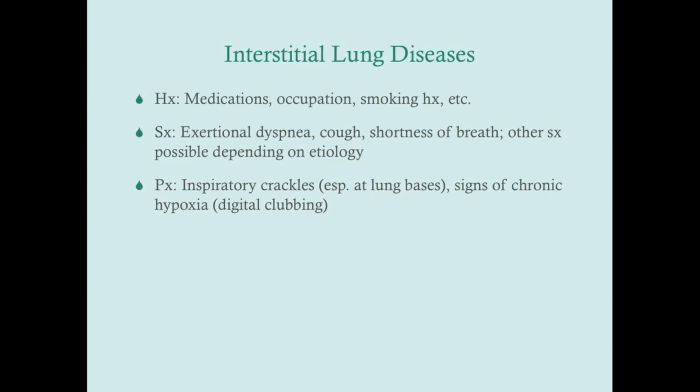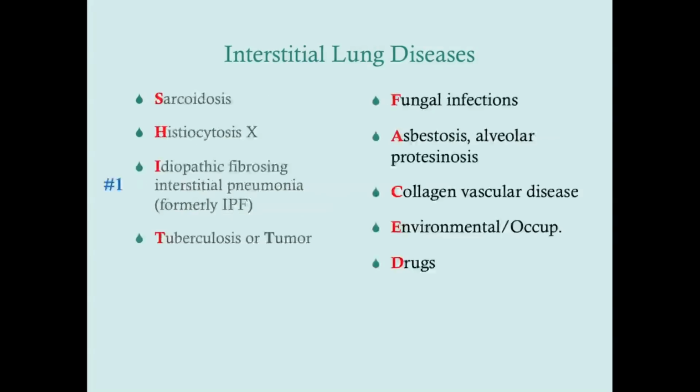So if, for instance, the patient has sarcoidosis, you may see night sweats, fever. You may see some skin symptoms. You might see a sort of malar rash that looks like lupus. So that's going to be important.